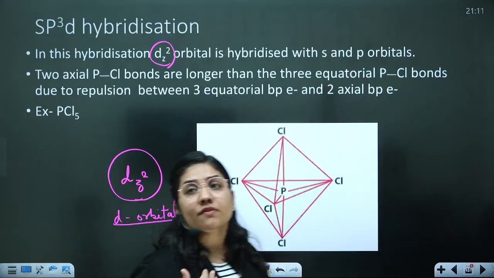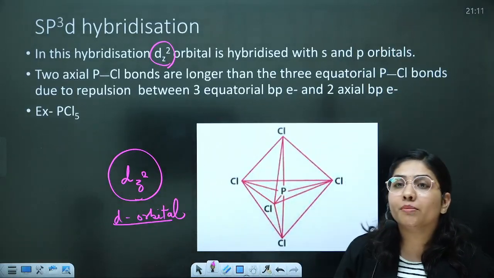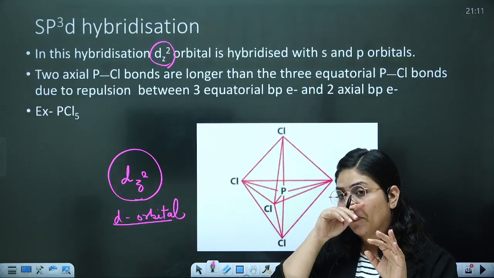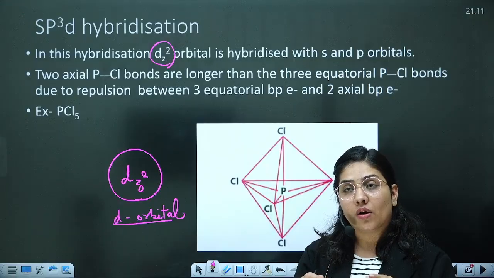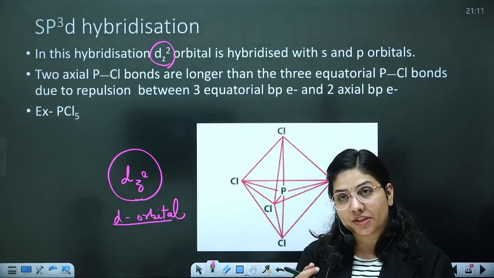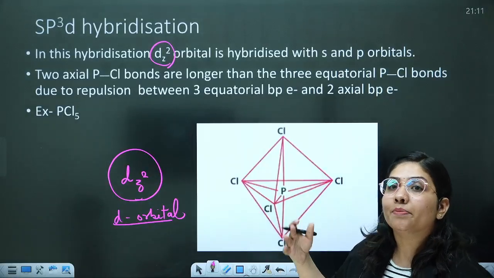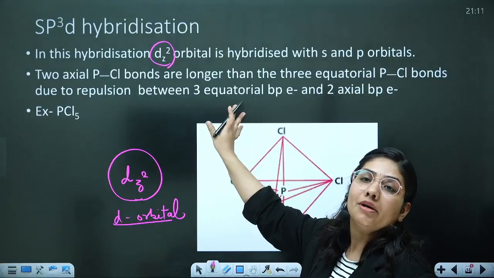What can be the reason for it? Very simple, because it has almost equal, or slightly different, or equivalent energy with the orbitals which are participating in the sp3 hybridization.